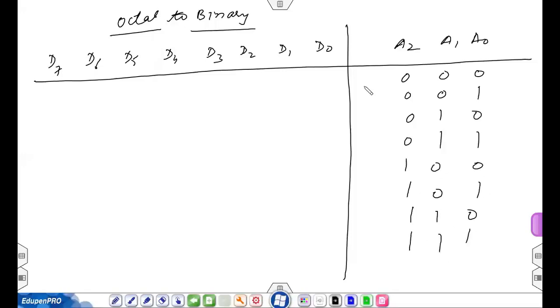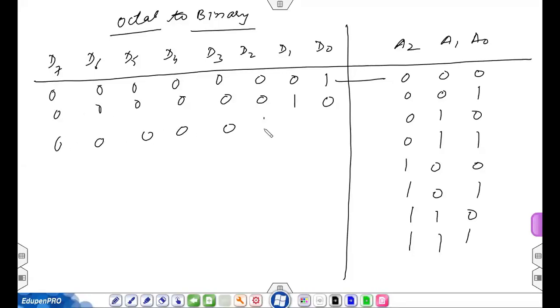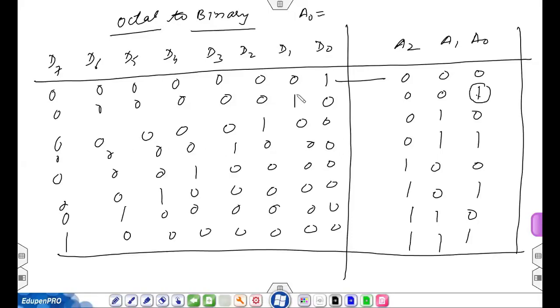For the first case, D0 may be 1 and the other inputs 0. For the second case, D1 may be 1. For the next case, D2 may be 1. For the next case, D3 may be 1. Here your output is 1, so you have to take D3. Your output is 1, you have to take D5. Your output is 1, you have to take D7.